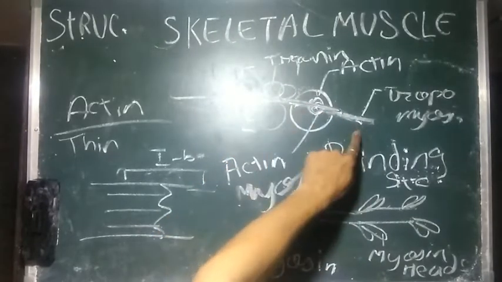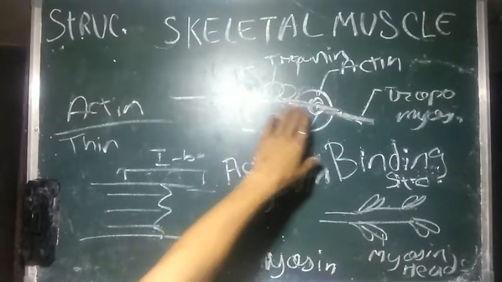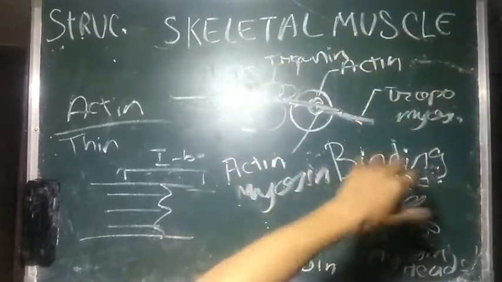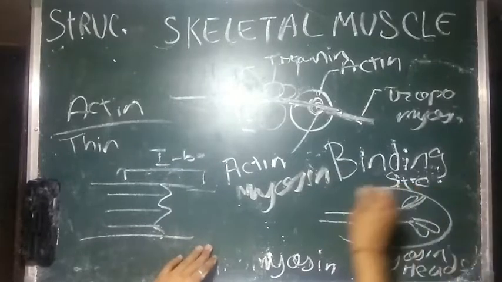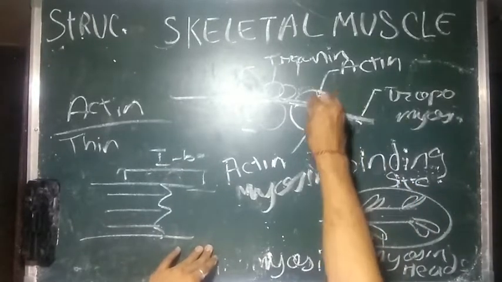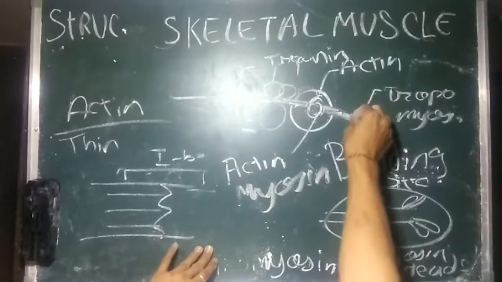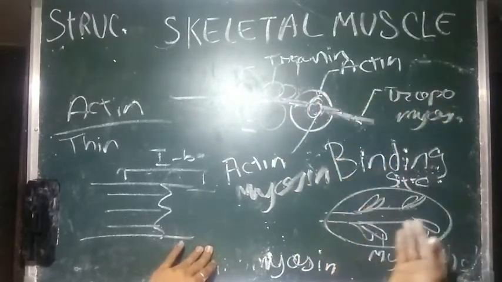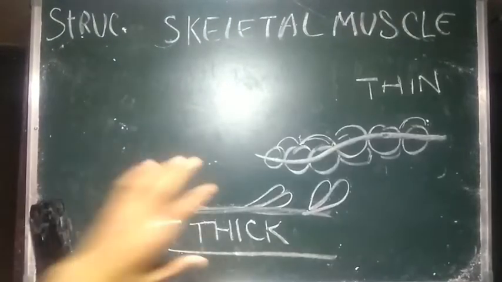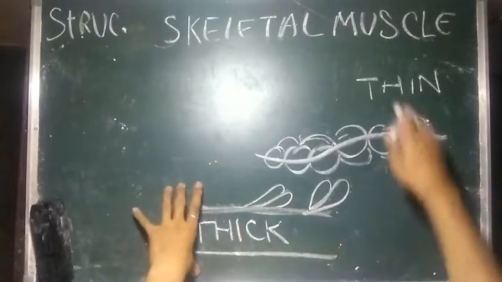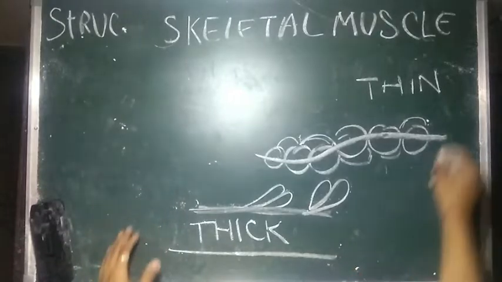So this tropomyosin blocks the actin and myosin binding sites with the help of troponin. Now let's study how these myosin heads bind with the actin and myosin binding sites, and how this blocking tropomyosin opens the gate for the binding of myosin head and actin. So this is how the arrangement of thick and thin filaments inside a myofibril or inside a sarcomere would look.